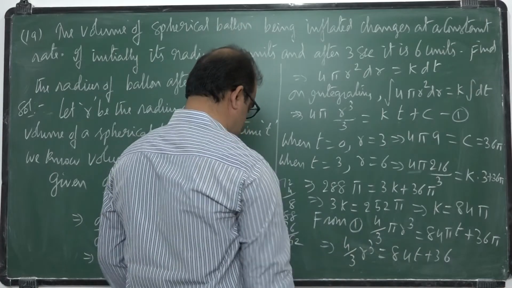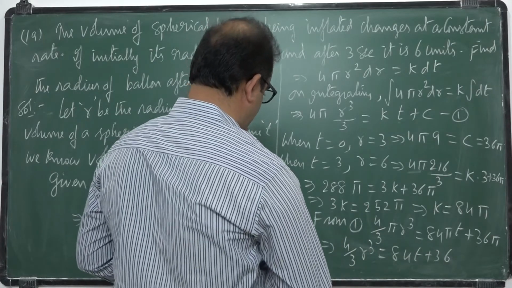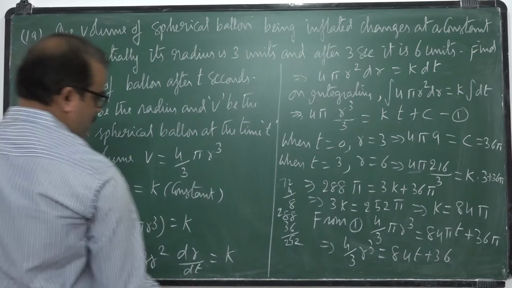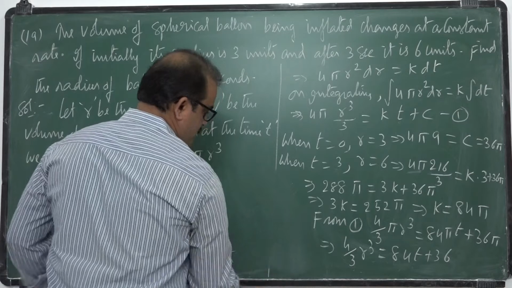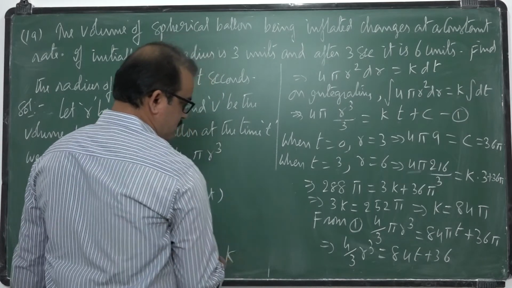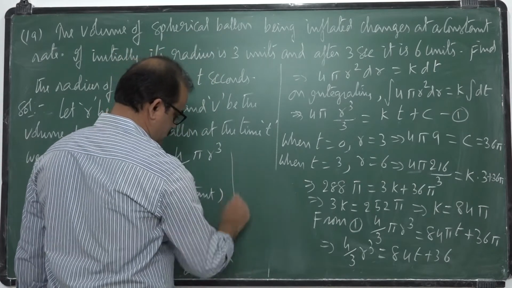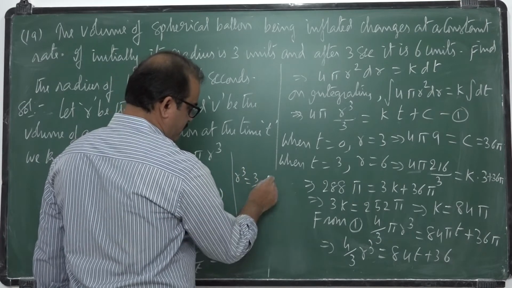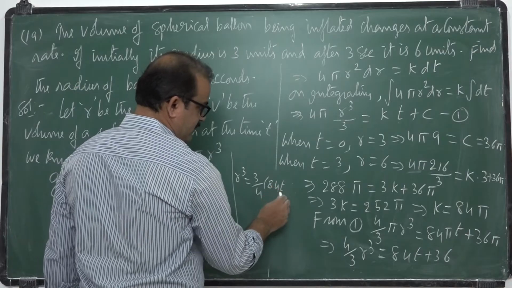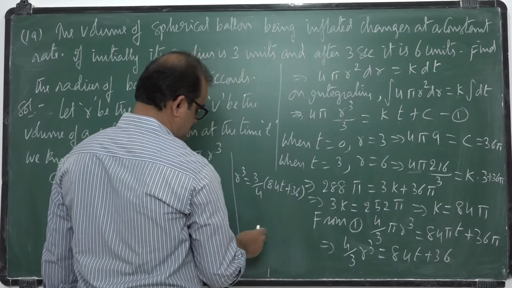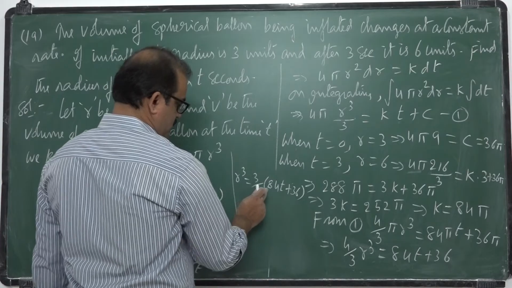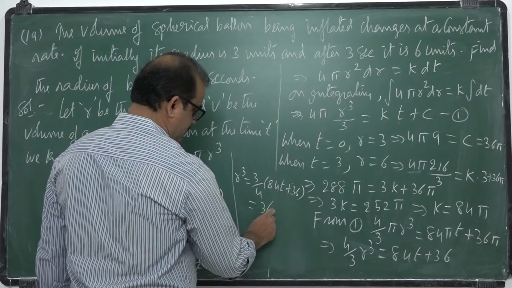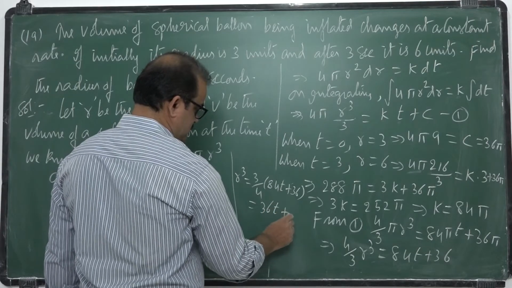Now from this find the value of r. On cross multiplying we get r cube is equal to 3 by 4 into 84t plus 36. 4 21 times, 21 into 3, 36t plus 9.